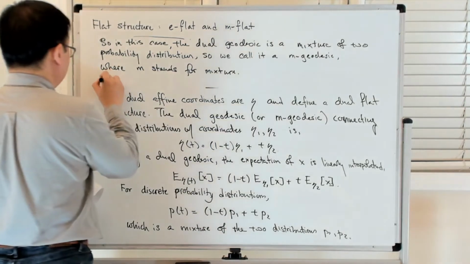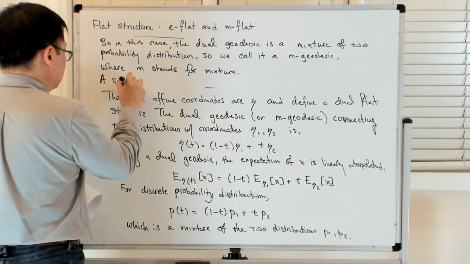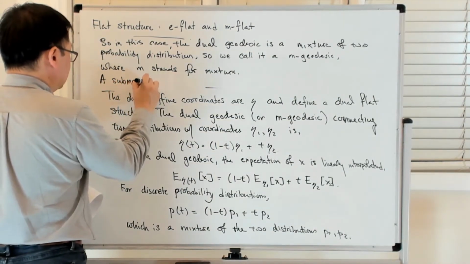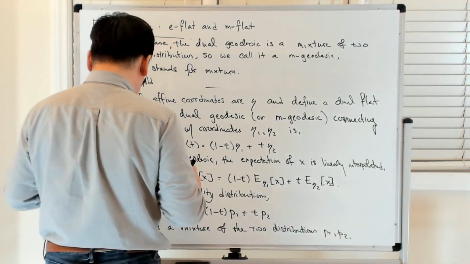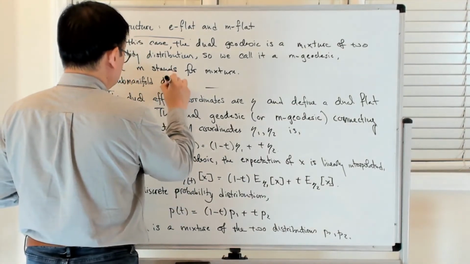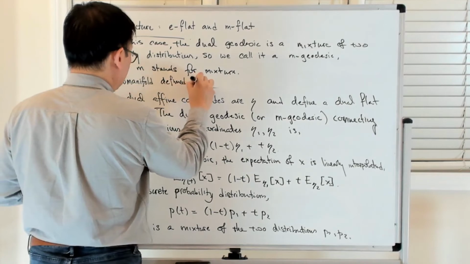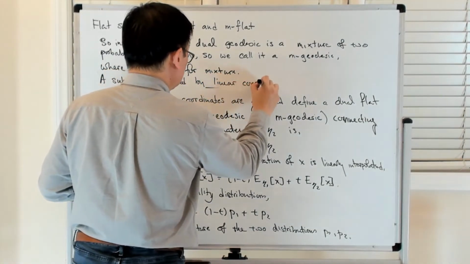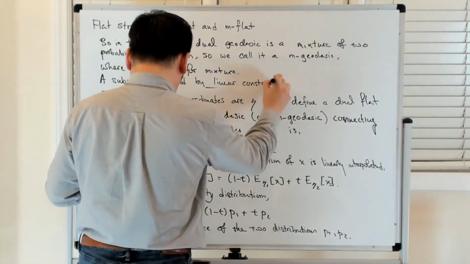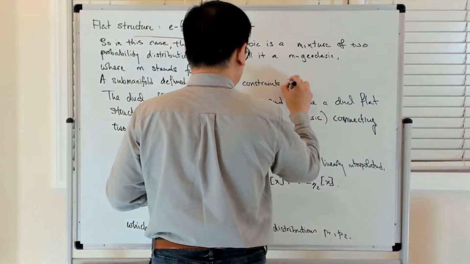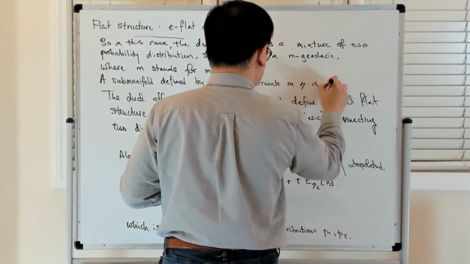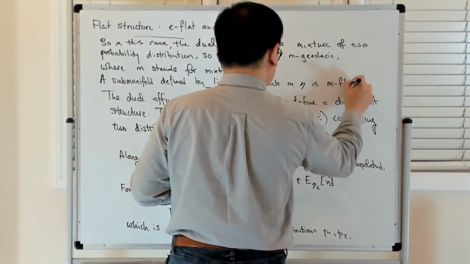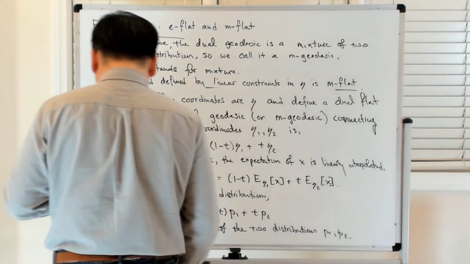So a submanifold which is defined by linear constraints in eta is M-flat. Okay.